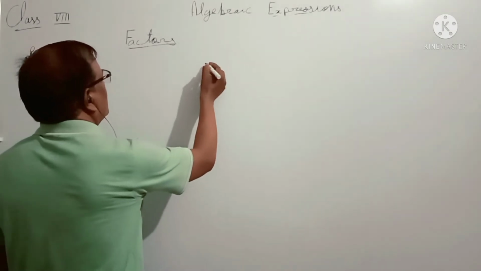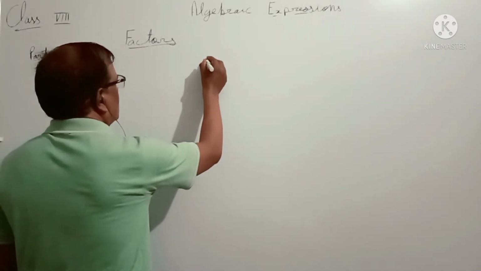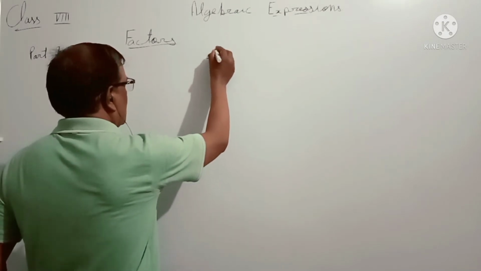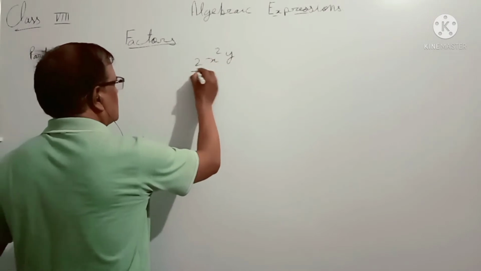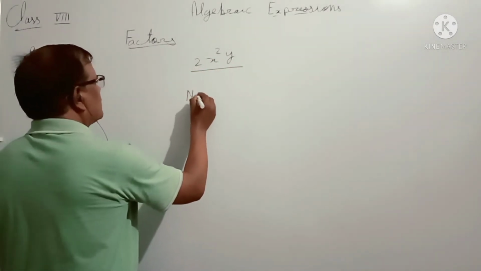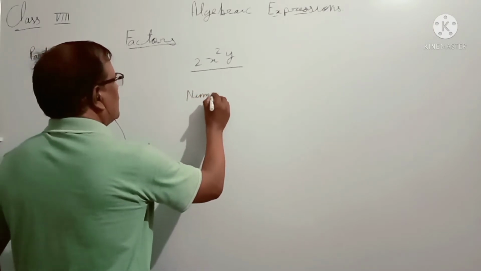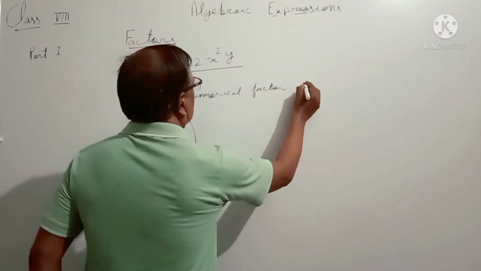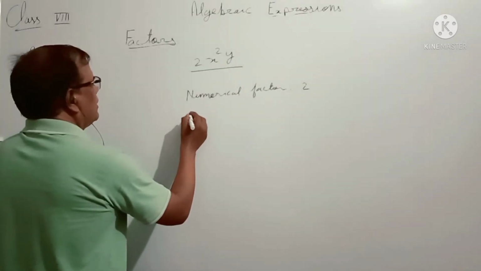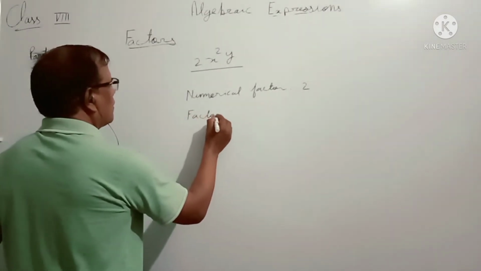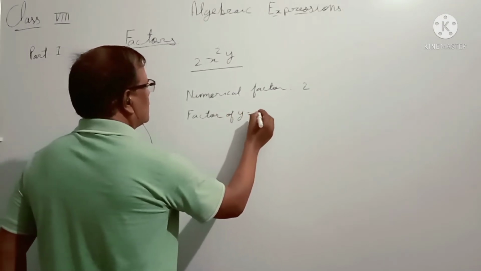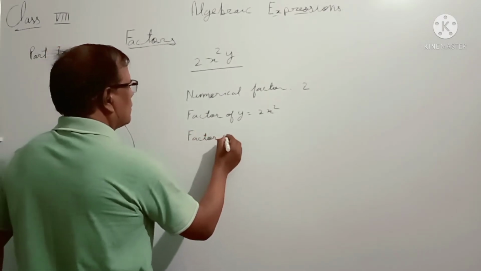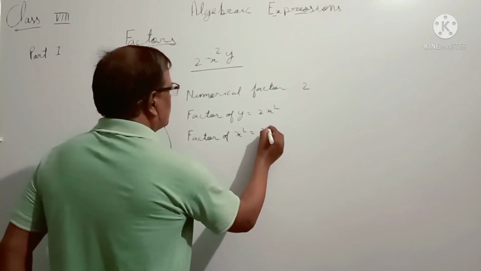If we have written any algebraic expression in one term or two terms, and we want to know the factors, as in x square y or 2x square y: here the numerical factor is 2, and the factor of y is 2x square, and the factor of x square is 2y.